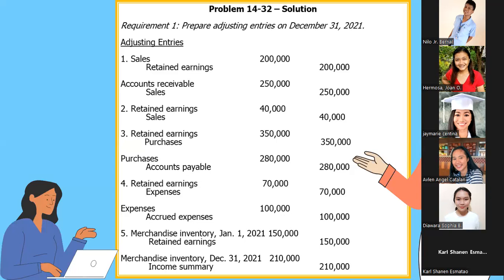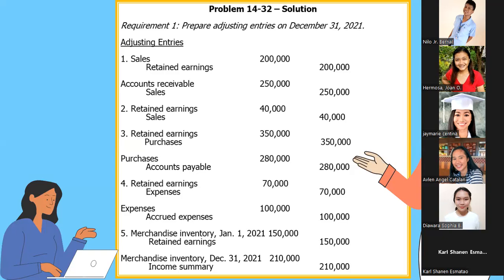For adjusting entry number 1, in order to close December 31, 2020 unrecorded accounts receivable, which is collected in 2021 and credited to sales, our adjusting entry will be debit to sales 200,000 and credit to retained earnings of 200,000.